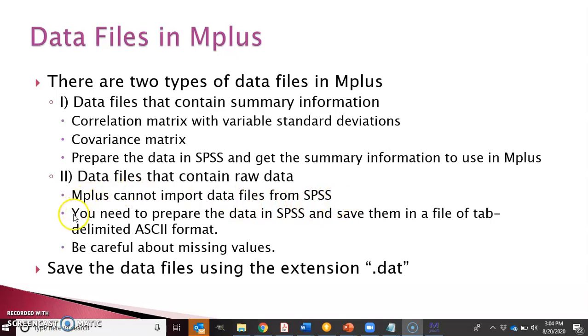So once you complete the preparation in SPSS, save the data in the tab delimited ASCII format. I always name my data files with extension .dat so I can easily tell which files are my data files.